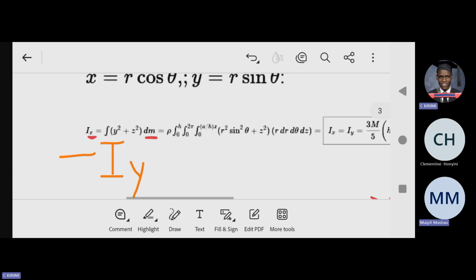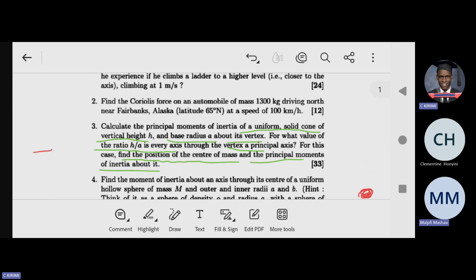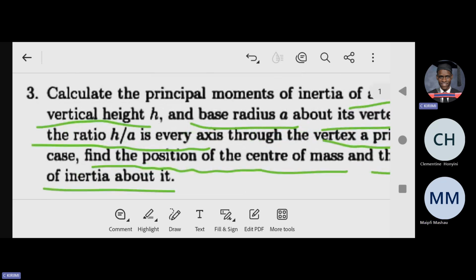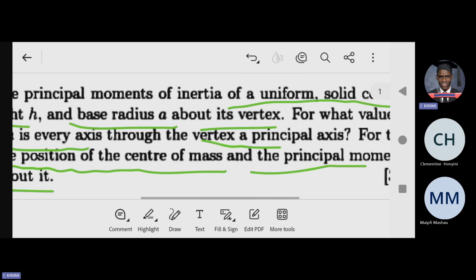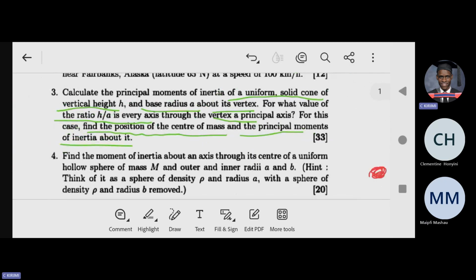You remember on our question? It's not going to help you to find it, because you were given the ratio h over a. Yes, so you need to use it. So how are you going to use it yet you have already eliminated that h over a?